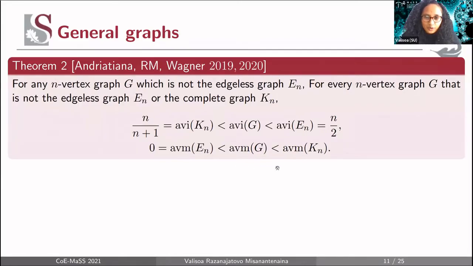And again, the average size of matchings of G will be between the average size of matchings of the empty graph En and the average size of matchings of the complete graph Kn.